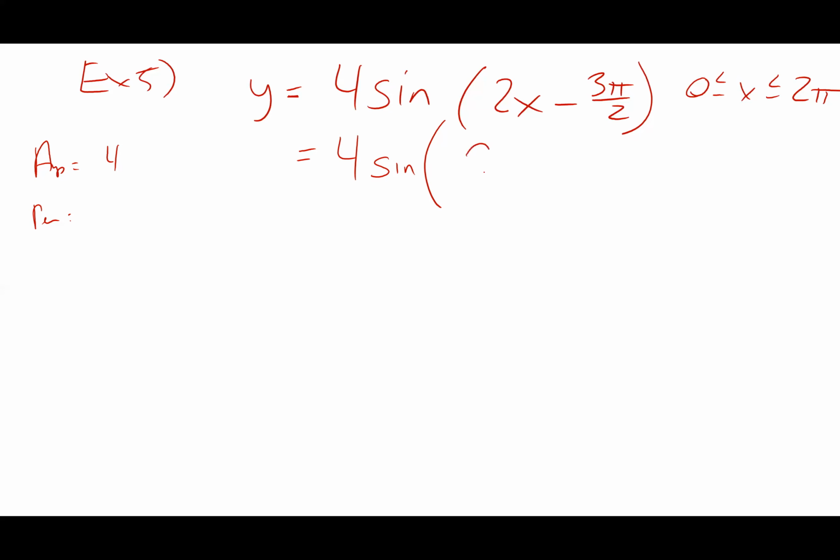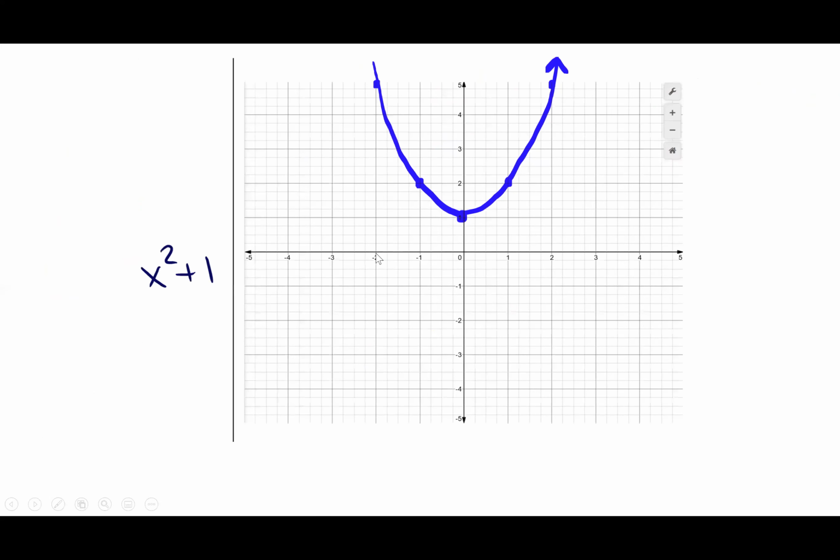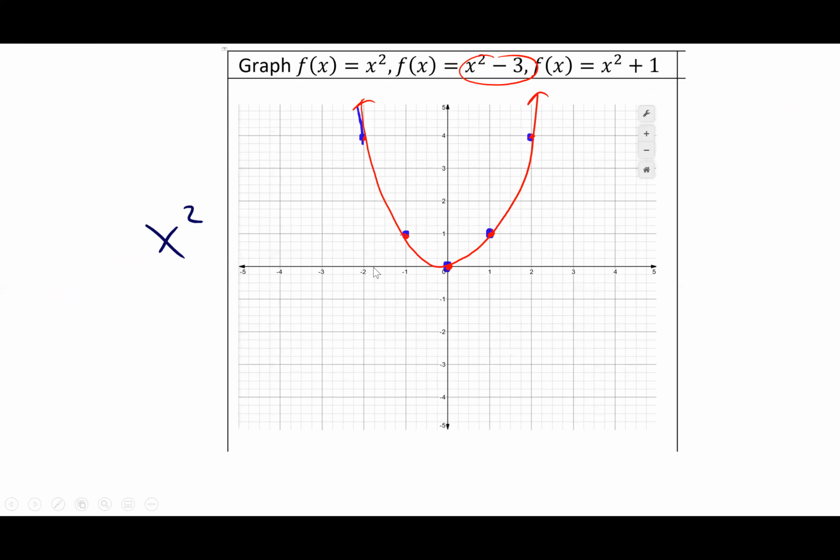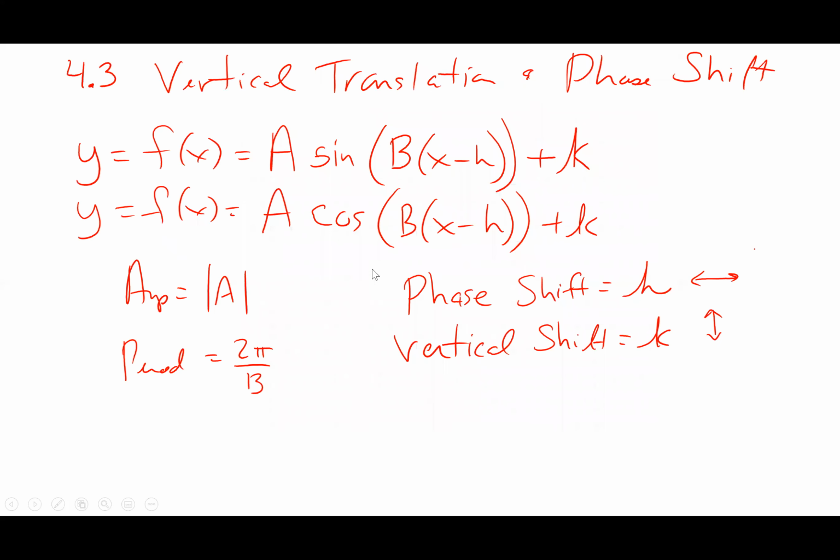So I have to do this right here and figure out what's here. Wait, so that's not actually the phase shift. Let's go back real quick in our notes. When we first started this, the b is just sitting as a multiplier to all of this right here. That could have been 3 pi over 4.